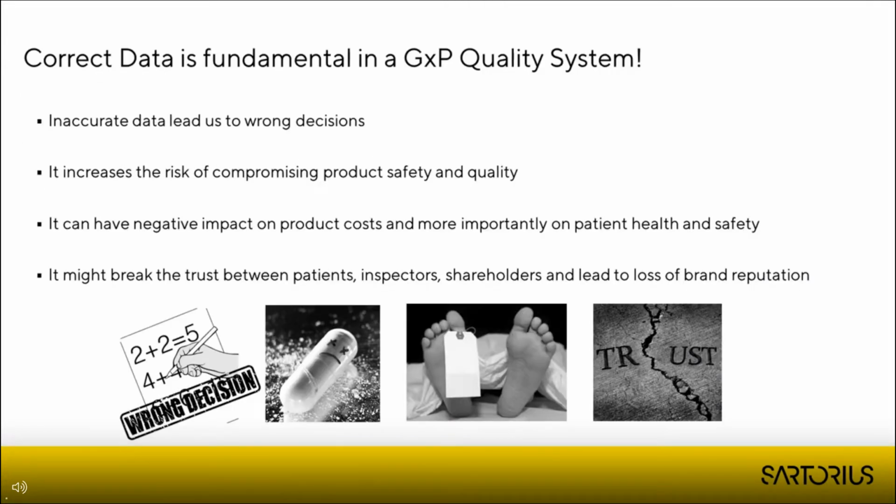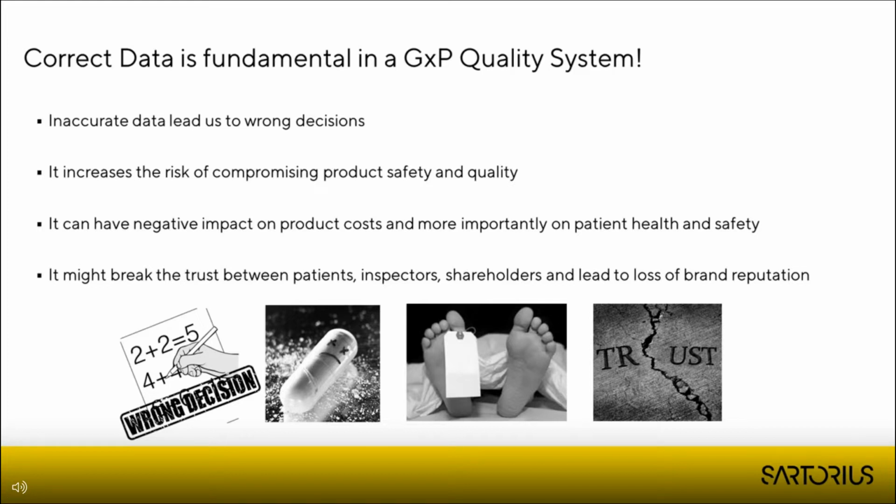Why is data integrity so important in the pharmaceutical industry? Because all of our decisions are based on data. And when we have incorrect or wrong data, we maybe make wrong decisions based on this information. And this increases the risk of compromising our product safety and quality and can have negative impact on our product itself and, more important, on our patients' health and safety.